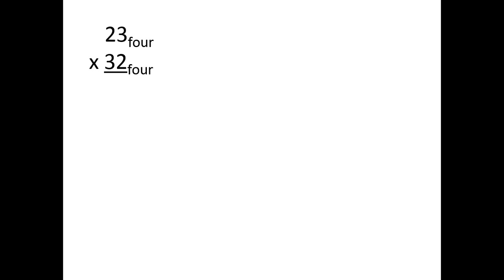So if I'm going to use a traditional algorithm on this, I could say, well, 2 times 3 is 6. But 6 is a base 10 number. 6 in base 10 is 1, 2, base 4. So 2 is the ones digit, and the 1 is the grouped fours digit.